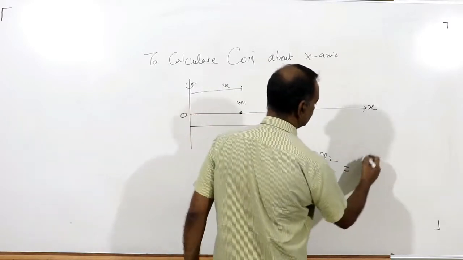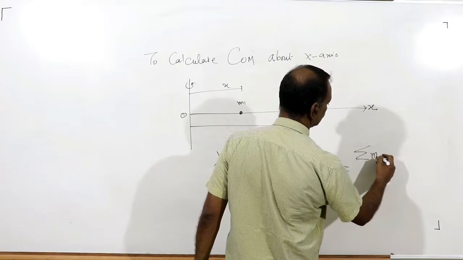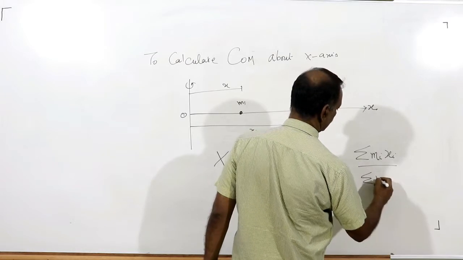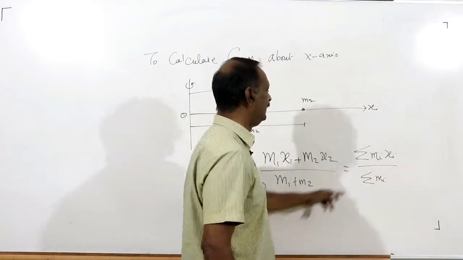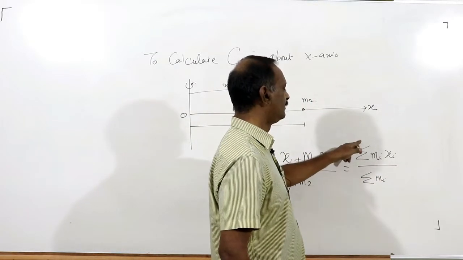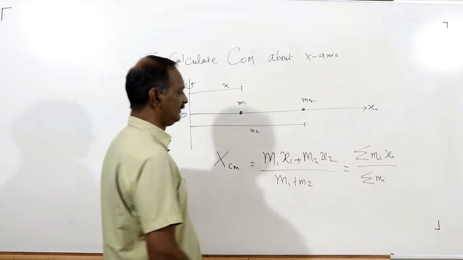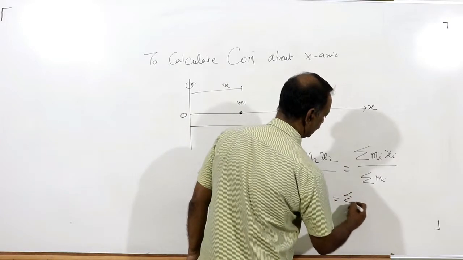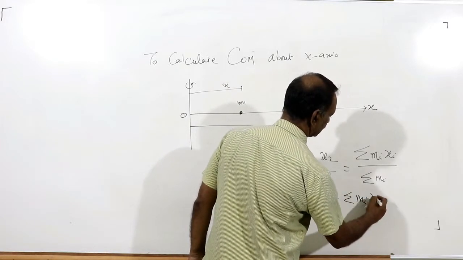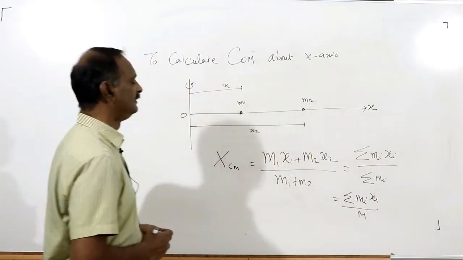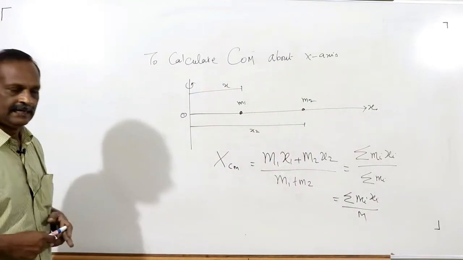This we can write as sigma mi xi divided by sigma mi. Here i is equal to 1 to n, where n is equal to 2, because we have only two particles. So this can be written as sigma mi xi divided by M. This is for particles situated on the x-axis.